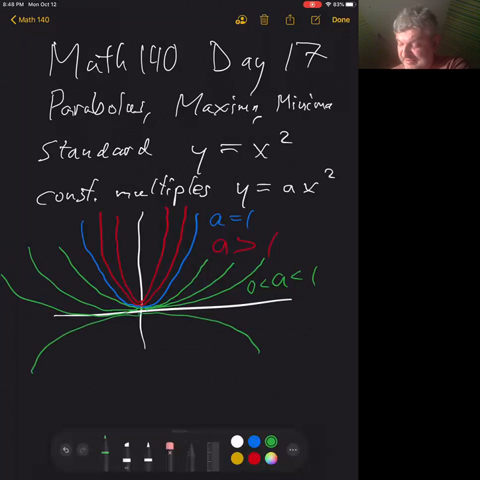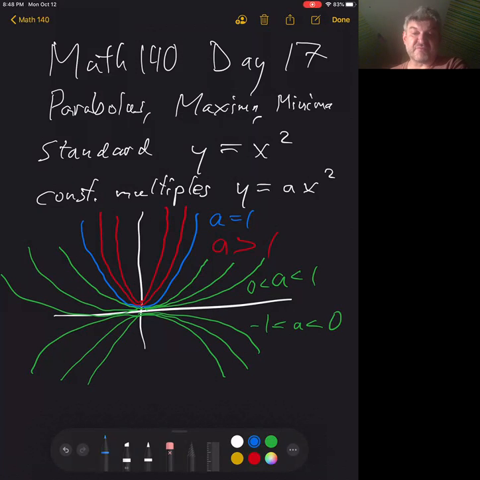Mirror symmetry. Like that. Stuff like that is happening. So that would be for the number a between -1 and 0. The standard parabola flipped gives you y is negative x squared. So that looked like something like this.